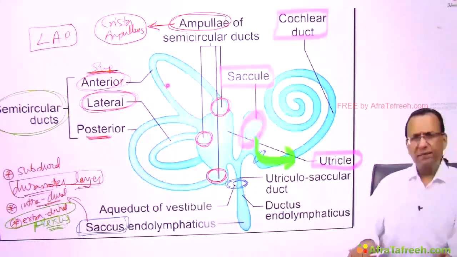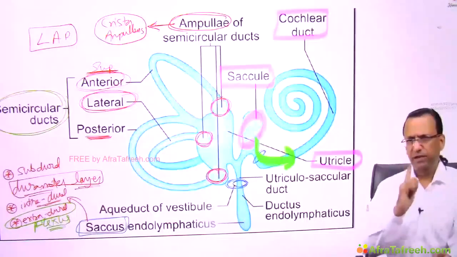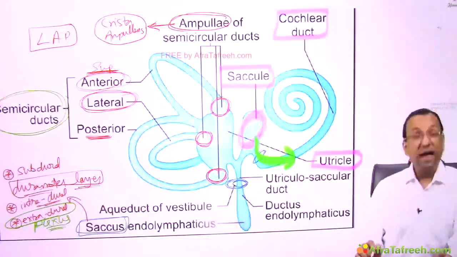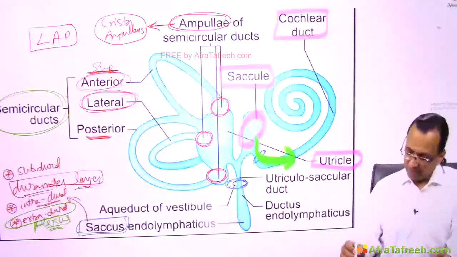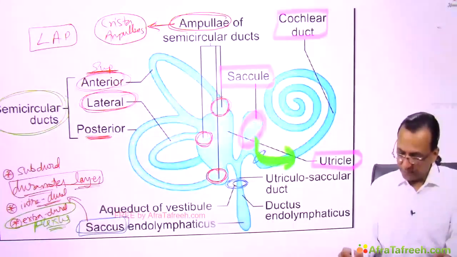And how do I detect the linear acceleration or static balance? That is called the macula. And where is the macula receptor? The macula receptor will be in the vestibule, in the utricle and saccule. So macula is here and here.